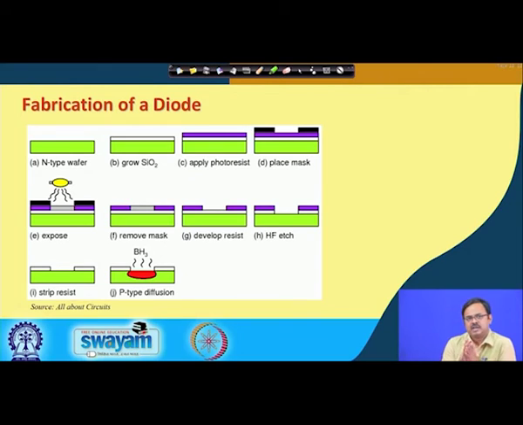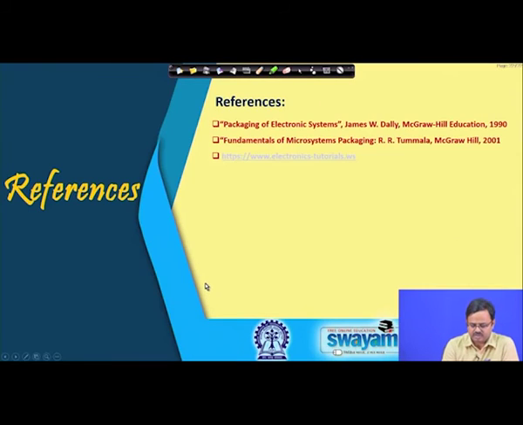Sometimes it is in the form of boron hydride, but what happens is that boron atoms get diffused inside this N-type semiconductor. And therefore, what is this boron when it is diffused in the N-type semiconductor? This becomes a p-type. And then the final step which is not shown is, maybe if I say this is step K, sorry.